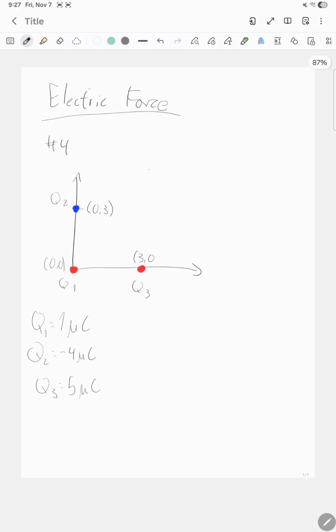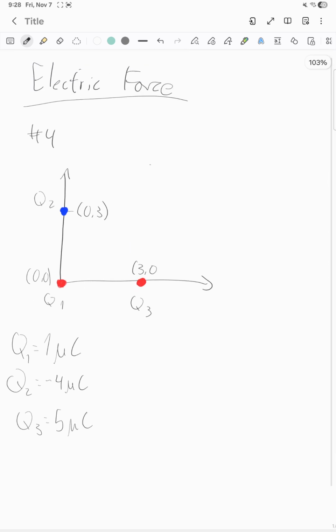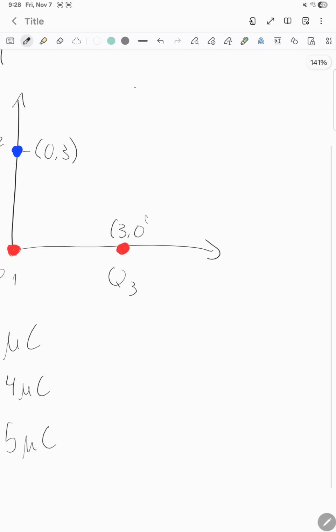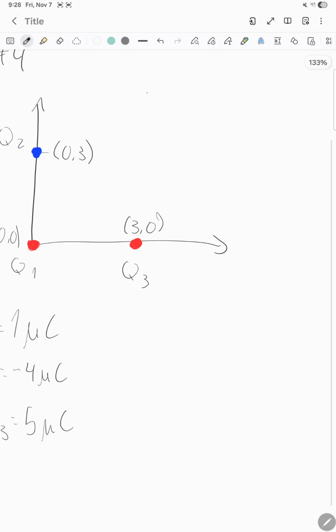And so the question is, the 3 point charges are fixed and placed in a right triangle. What is the electric force on the 5 microcoulomb charge due to the other 2 charges? The 5 microcoulomb one is Q3. So we want to know, due to the other charges, what is the electric force? We have a diagram here.